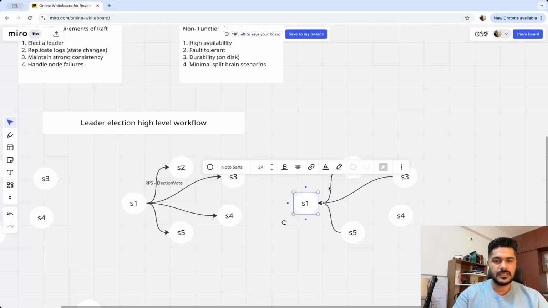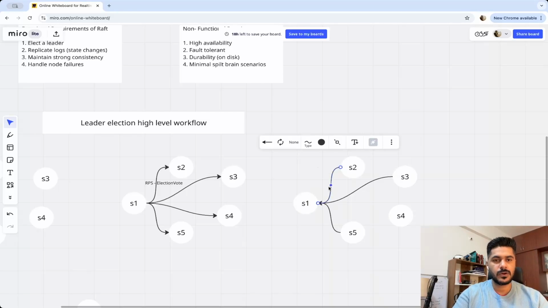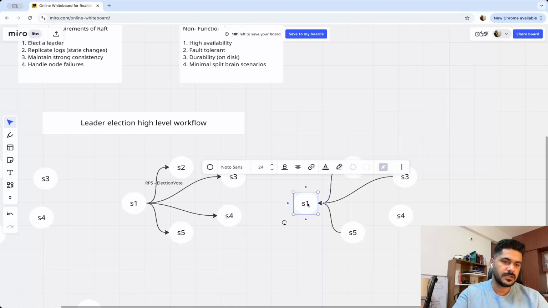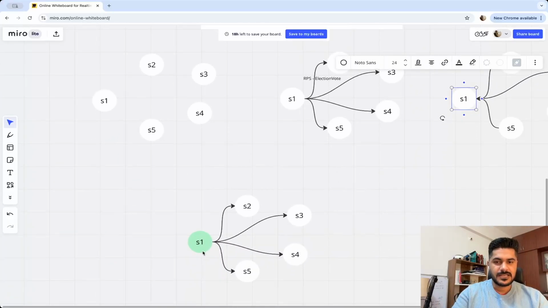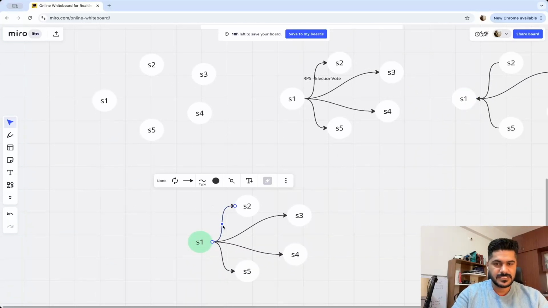Here also, over RPC, they execute the method saying you are the leader. Once you receive the response from the majority, that node is selected as the leader. Once selected, the next thing it does is append log, which is the real work of these systems.